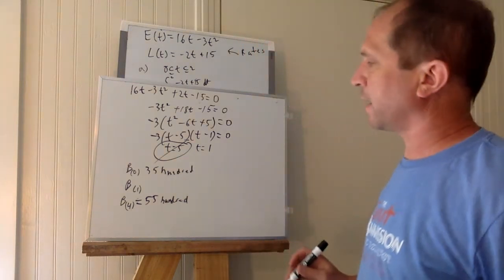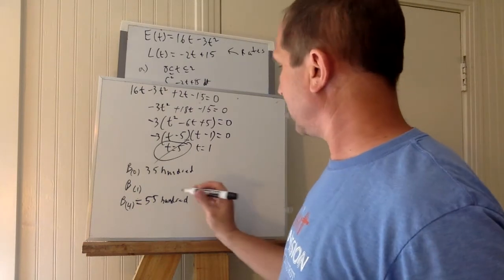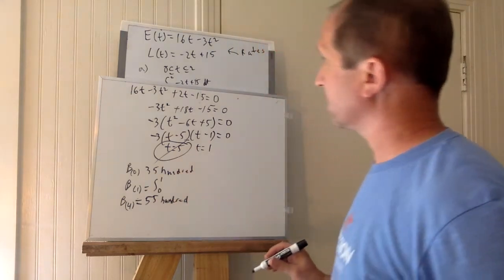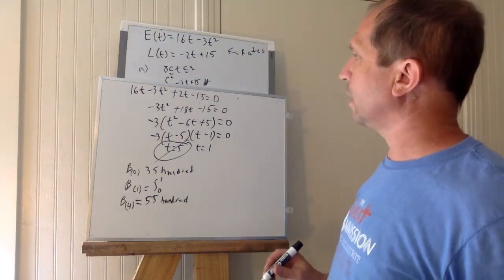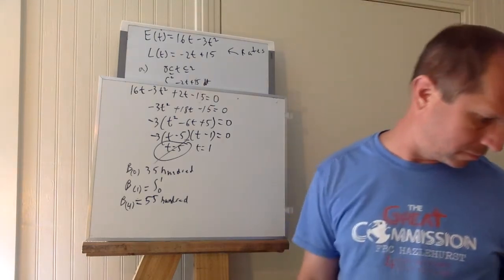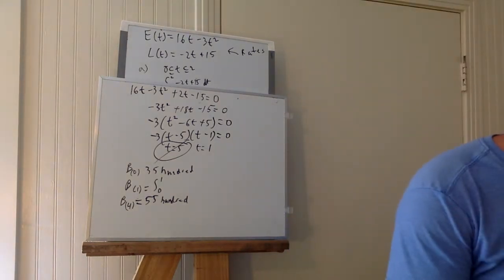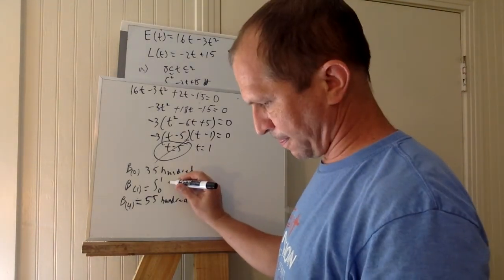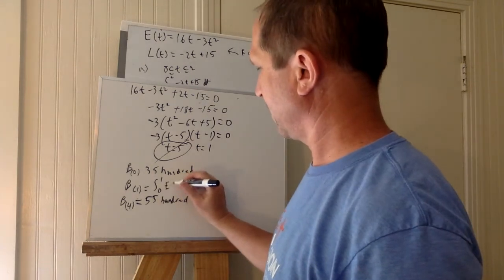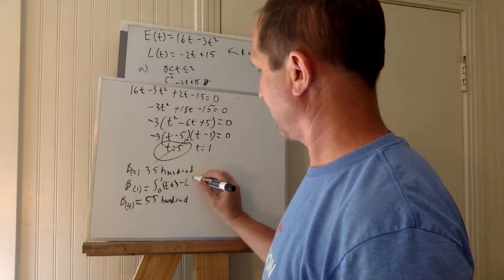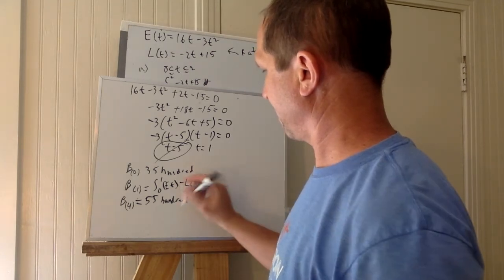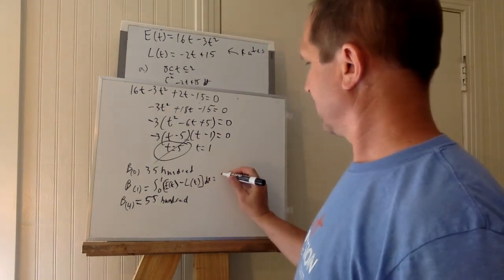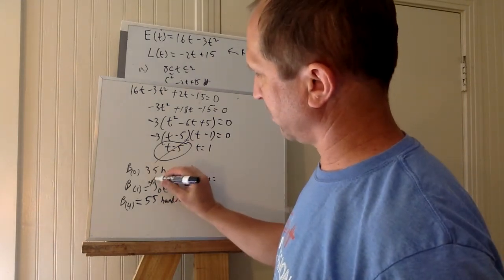So now we need to figure out how many bees are in the hive at 1. So it's going to be the integral from 0 to 1, and we start off with 35, so it's 35 plus that.